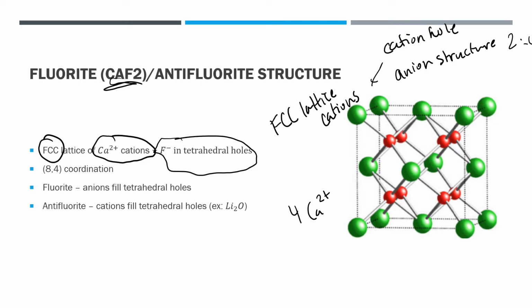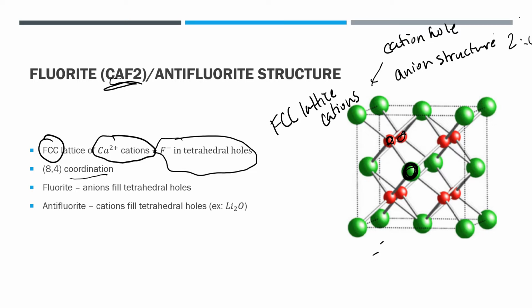And then for the fluorides, we have a fluoride in each of these tetrahedral holes, and remember, tetrahedral holes are within the unit cell; they're not shared. They're not on a face, they're not on an edge or something like that. So we just have 8 fluorides, which agrees exactly with our ratio, right? 1 Ca2+ per 2 fluorides. That's our stoichiometric ratio, which is good. Now let's look at our coordination, right? So let's look at a calcium.